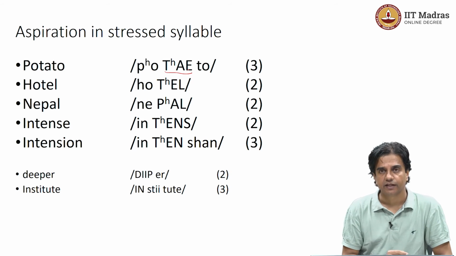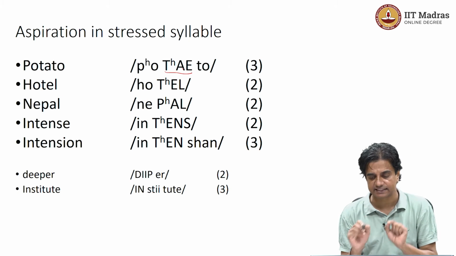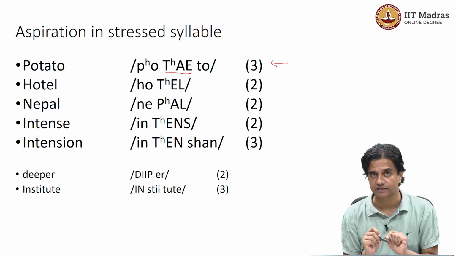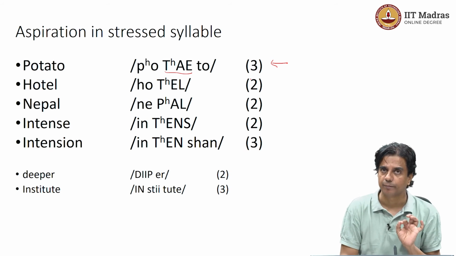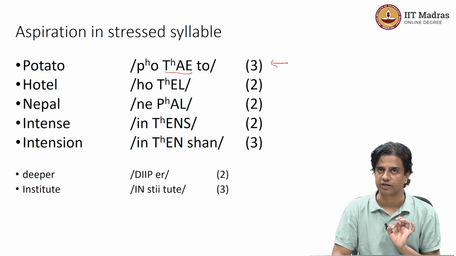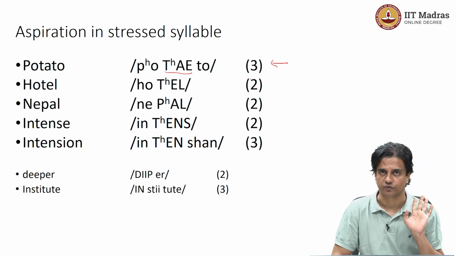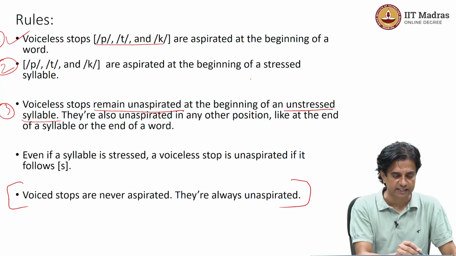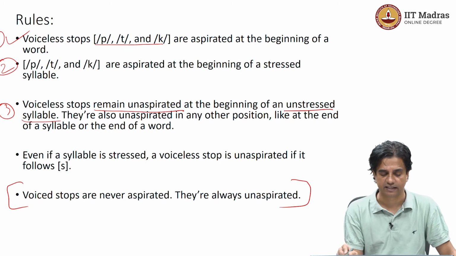So, now potato, this word has 3 syllables, and I am indicating the number of syllables here in this margin. First syllable has a sound pa, it is at the word initial position, so that is going to be aspirated following the first rule, that voiceless stops are aspirated at the beginning of a word.